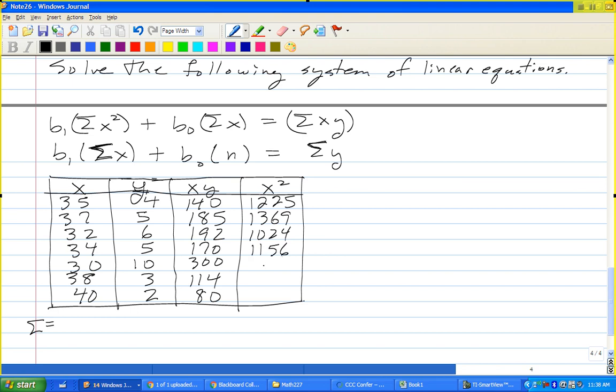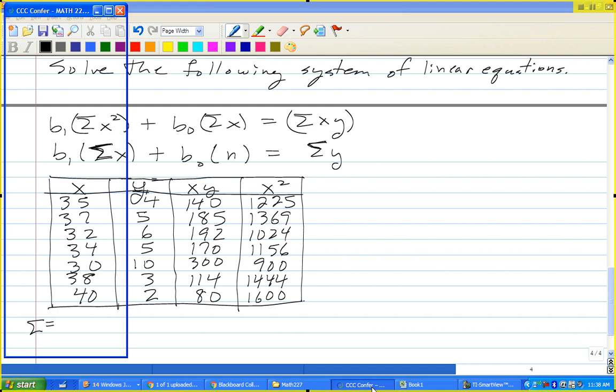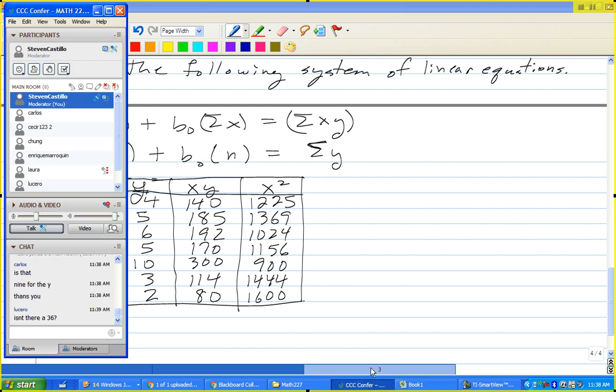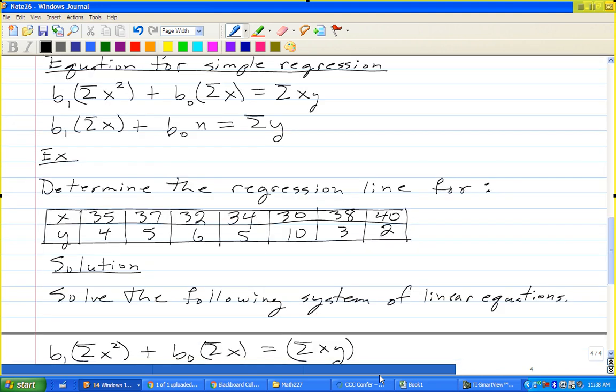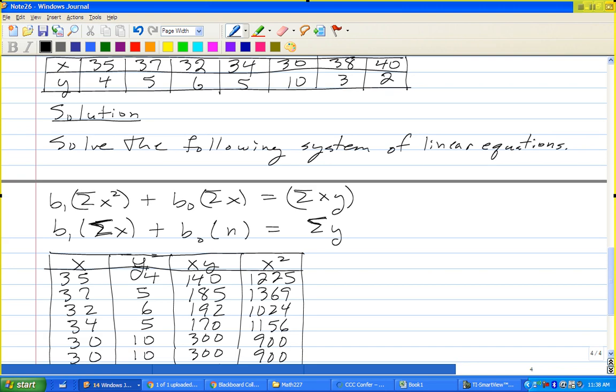Oh, actually, I should do this. 900, 1444, 1600. Let me actually. Isn't there a 36? No. There's no 36. Oh, there's a 30 here, but no 36.